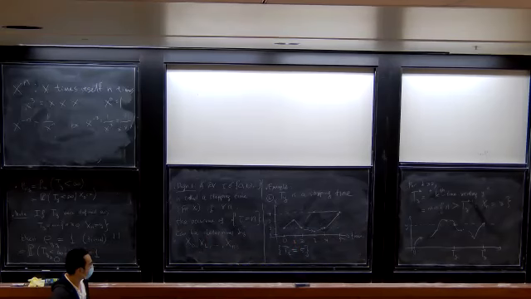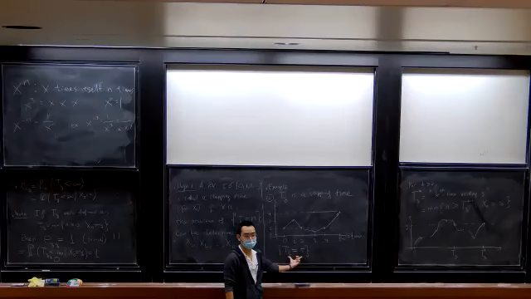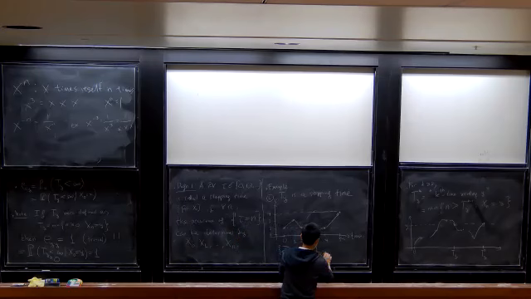The first time I hit 1 is in 5 steps, does that occur? No, it does not, right? Because the first time I hit 1 is already at step number 3. So this does not occur.